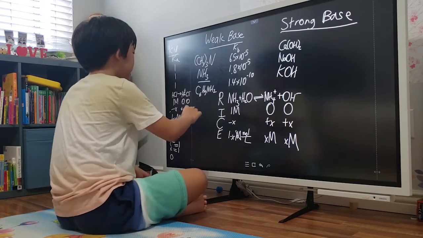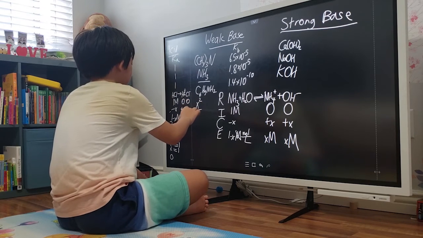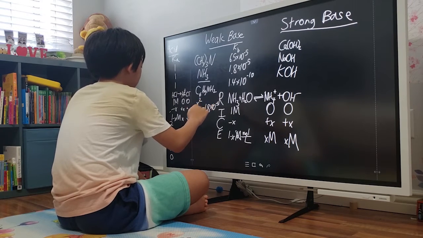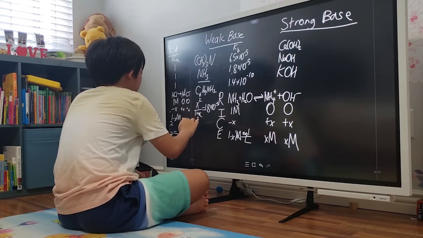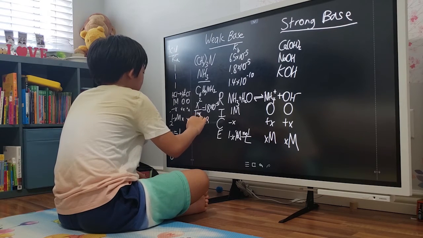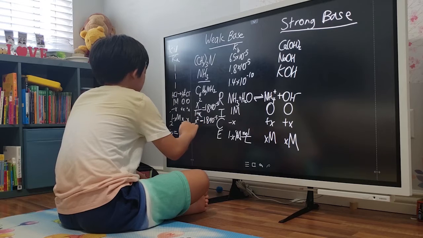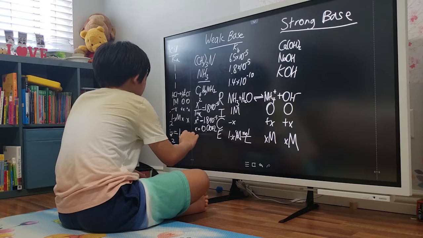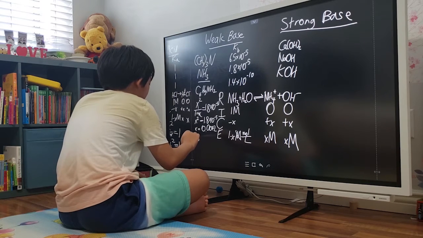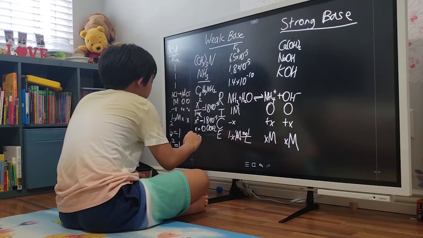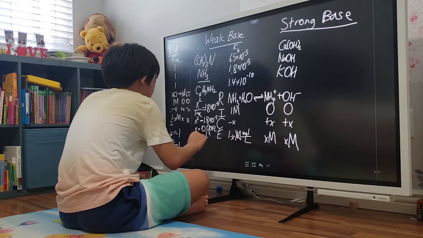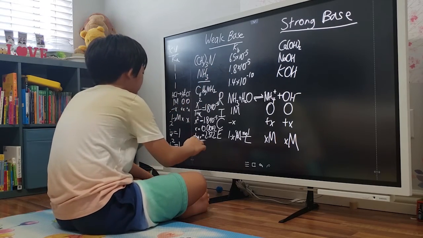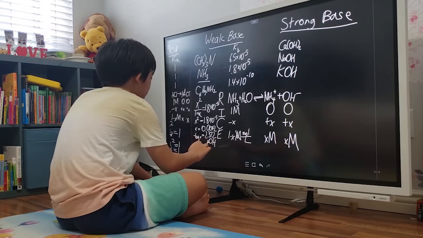So let's just do the same thing we did for our last one. Now things are going to look simple here. Just do what we did the whole time with acetic acid, except you're going to have to do one more extra step this time. Once you put in the negative log of x, which is 0.0042, you're going to get 2.372. But because it's a Kb, you're actually going to get the pOH.